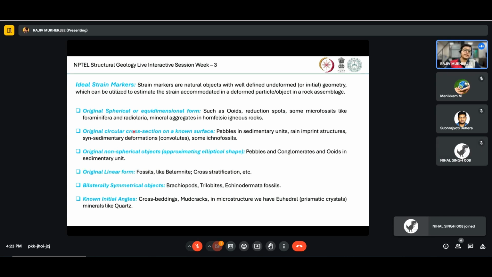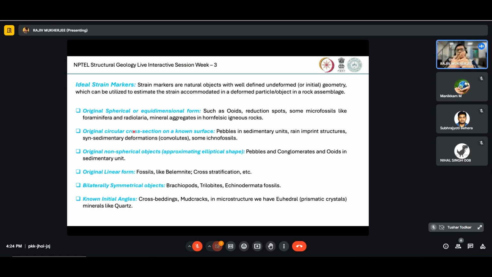So geological structures that we see in the field, they are exposed in different planes. So essentially, any object that is three-dimensional, we generally observe these kind of objects on different planes, and these planes are the cross sections of the rock mass.